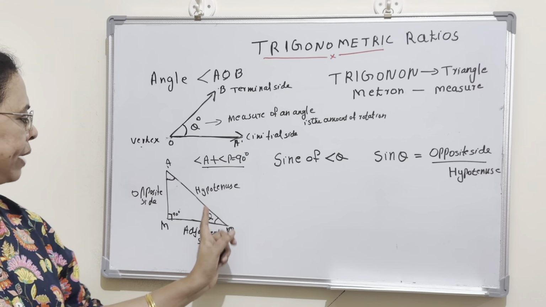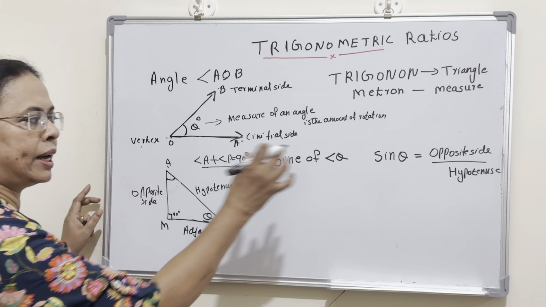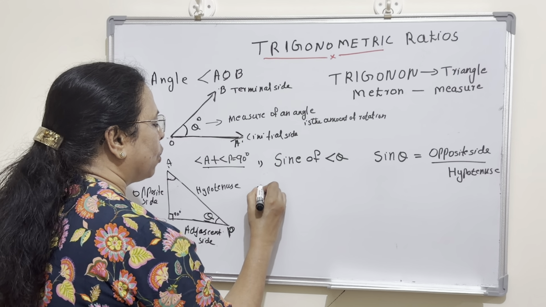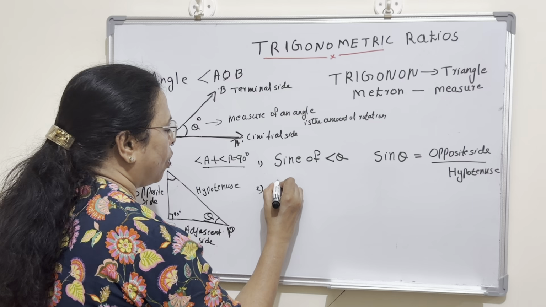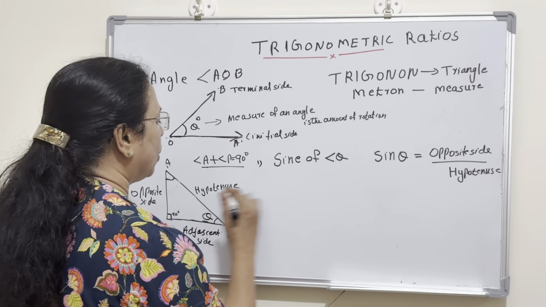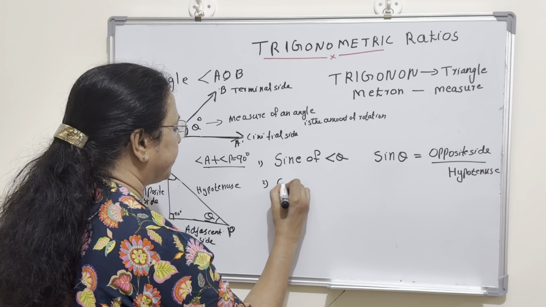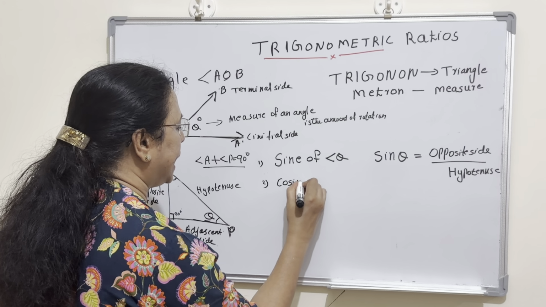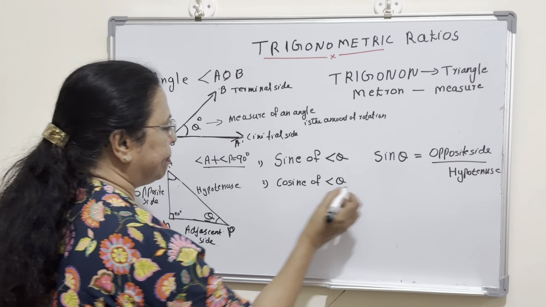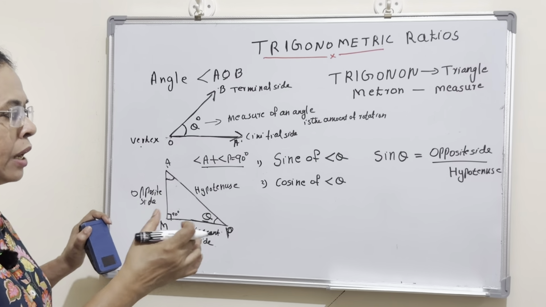This is sine of angle theta, which shortly we can call sine theta. The second ratio is the cosine of the angle theta. What do you mean by cosine of angle theta? Why am I writing it like this? Because this is not cosine times angle theta.